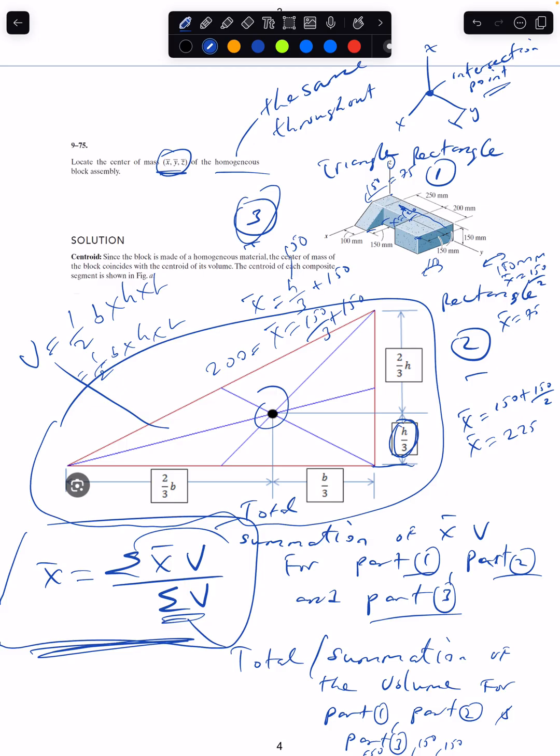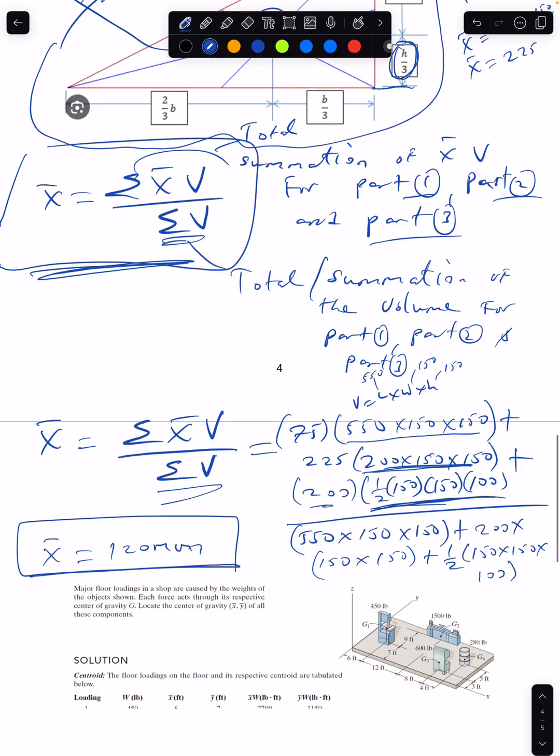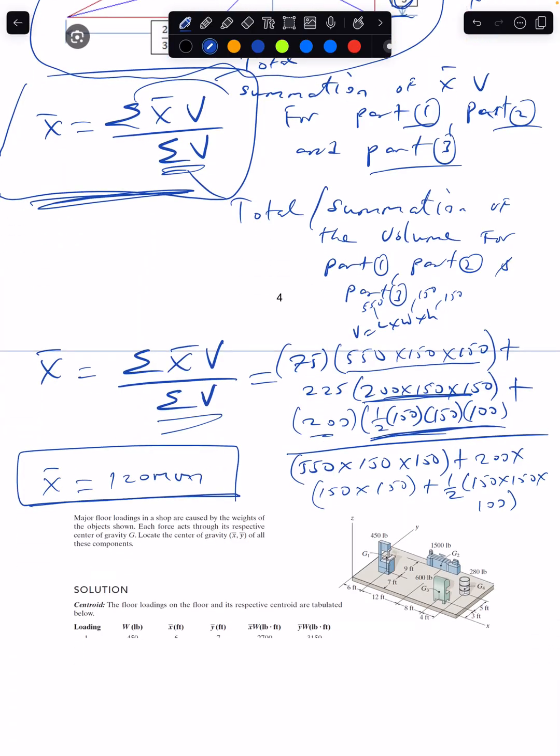But we may want the center of gravity for the entire car, to be able to know the stability of that car. And that's how we get the X centroid for the entire body, for the different parts.